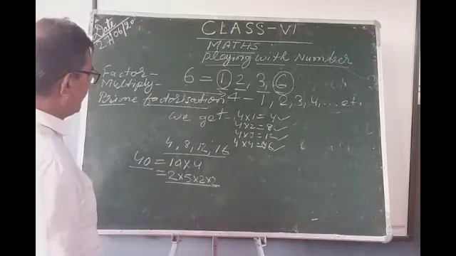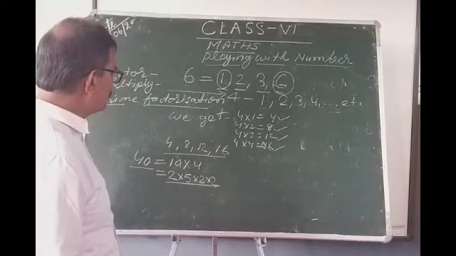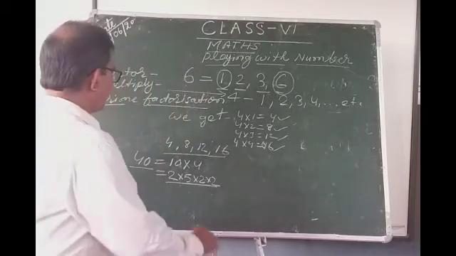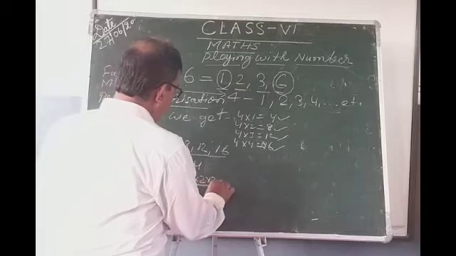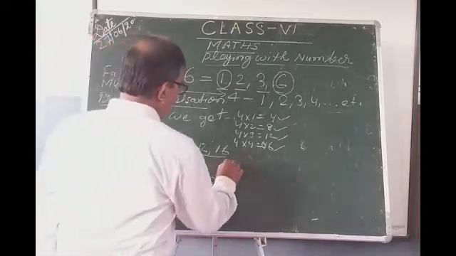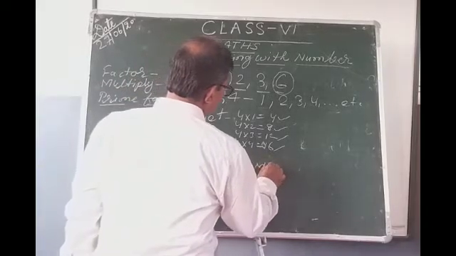The factors of 40 are 2 into 5 into 2 into 2. This is the prime factorization, and this is called the splitting method.